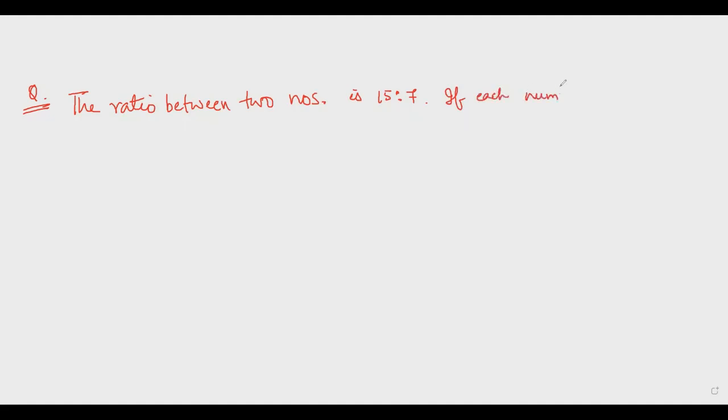If its number is decreased by 2, the ratio becomes 7:3.